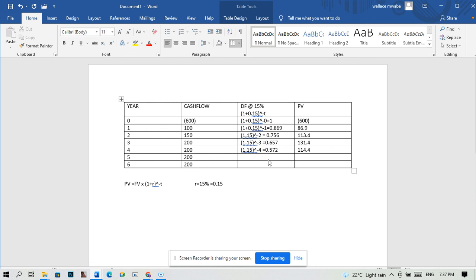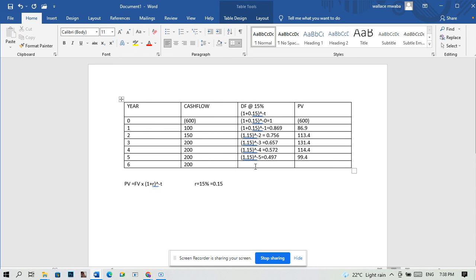Then again, 1.15 to the power negative 5. We get 0.4497, which rounds to 0.497. So 200 times 0.497, we get 99.4.